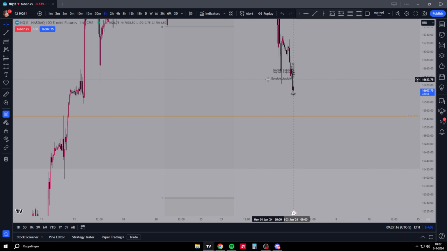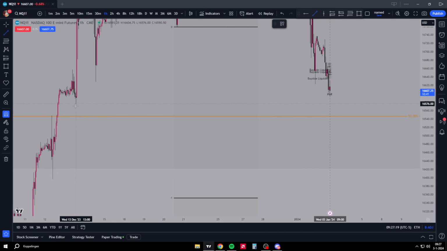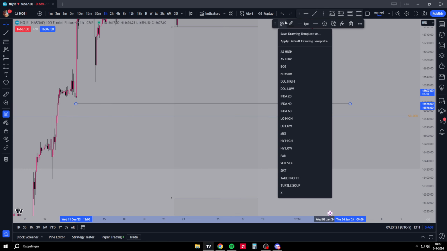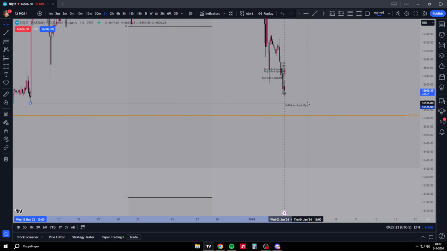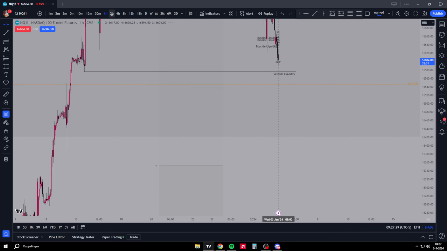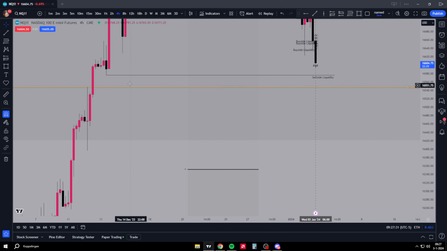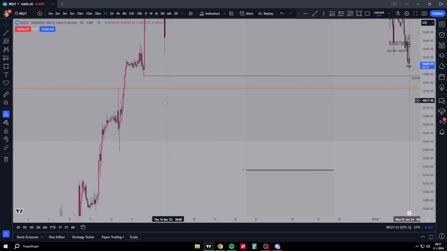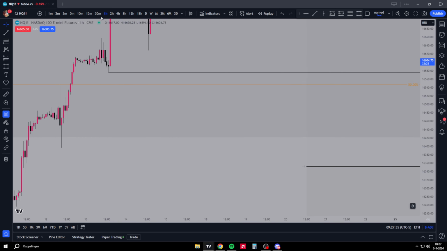All right. So we didn't take out this, so I could mark this out as sell side. But still, equilibrium is my target. Let's zoom in to a fair value gap.